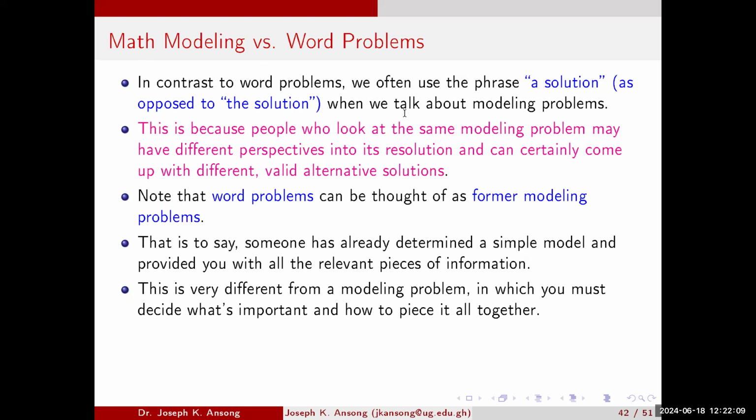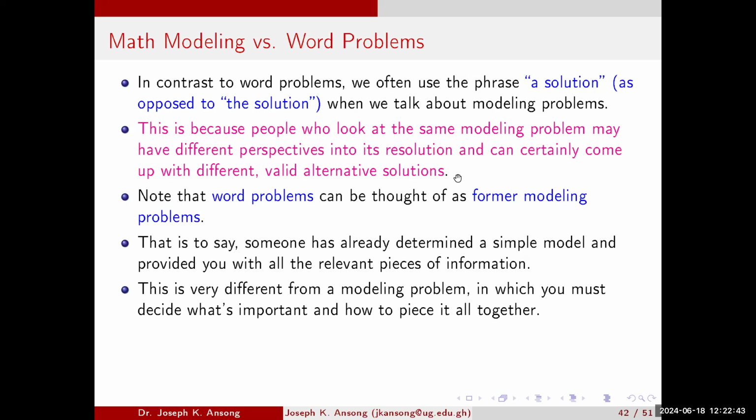Somebody can come up with a different solution, based on the amount of data they get, their estimates, and the reasons they give for different things. But for word problems, you use "the solution" because there's only one solution. People who look at the same modeling problem may have different perspectives on a resolution, and can certainly come up with different but valid alternative solutions.